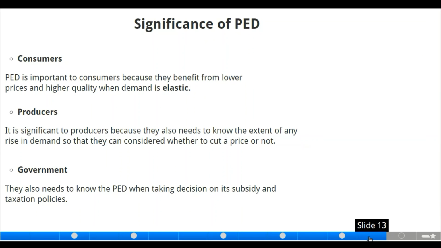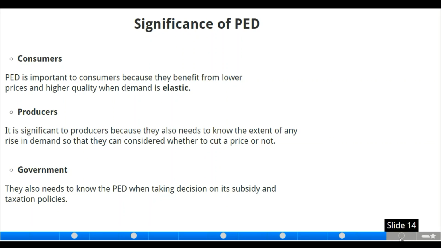Moving to the next slide, we have the significance of price elasticity of demand to consumers, producers, and government. PED is important to consumers because they benefit from lower prices and higher quality when demand is elastic.